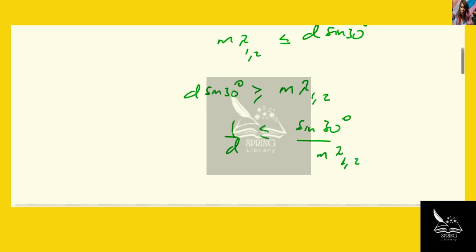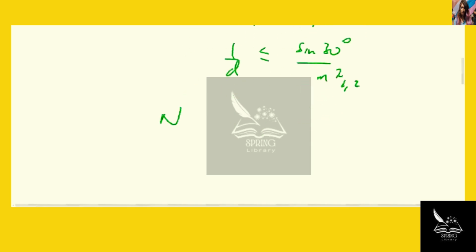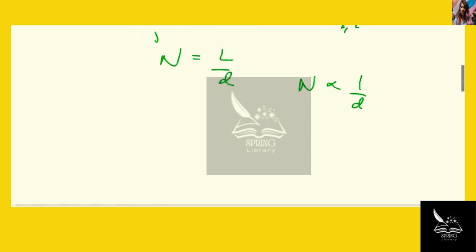Recall the relationship between the number of lines, n, and the length together with the separation, meaning that the number of lines is inversely proportional to the separation. If you increase the number of lines, you're decreasing the separation. And so looking at the equation, we can see that there's an inverse relationship.